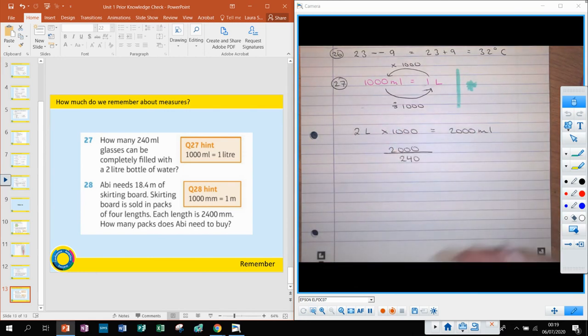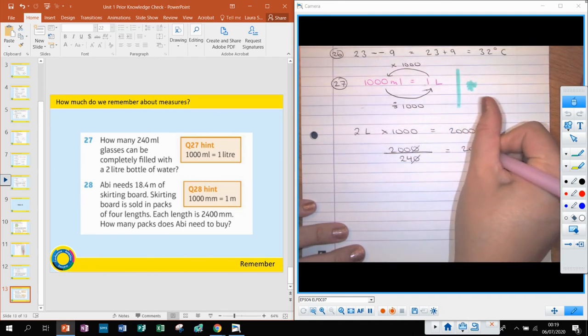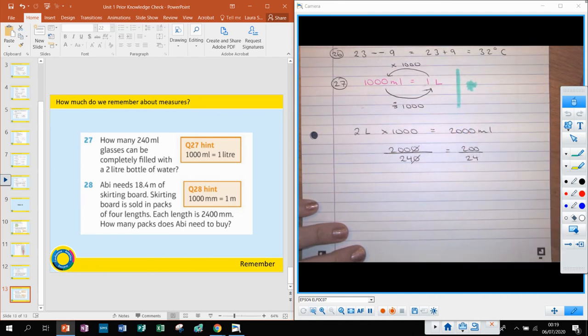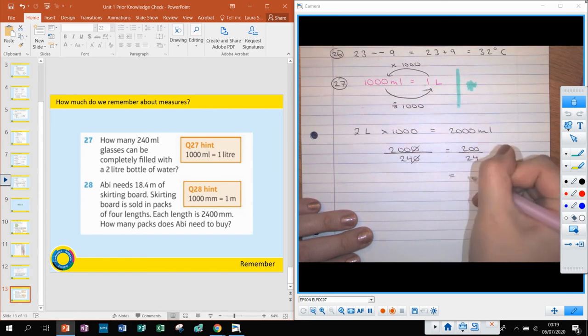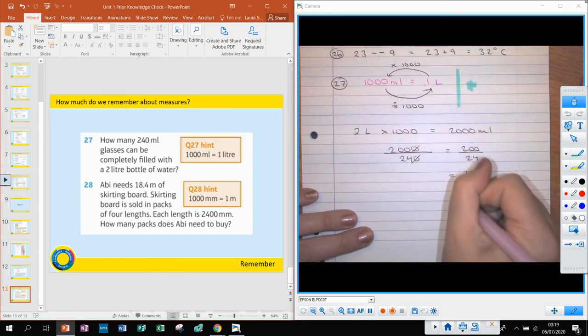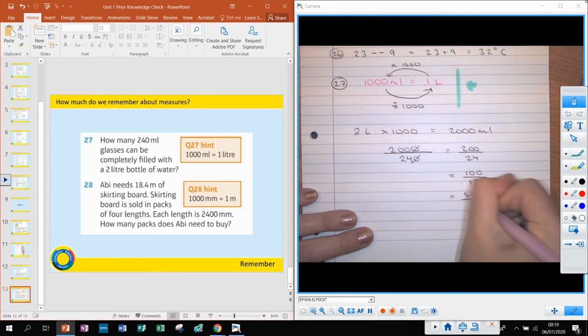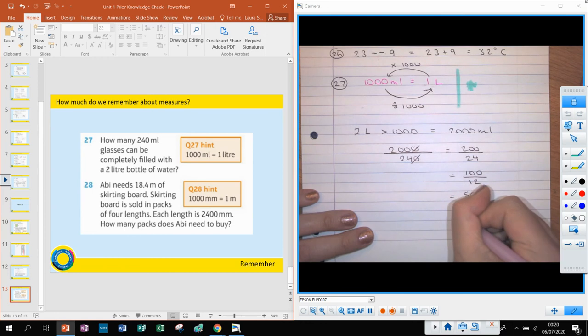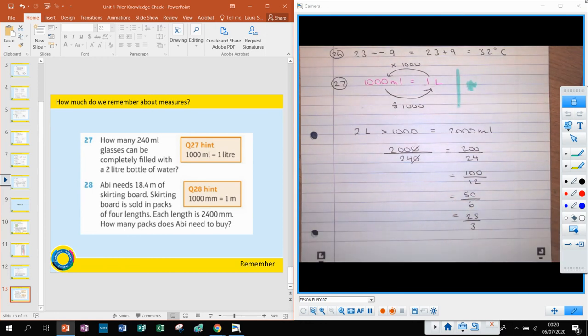Let's make this smaller so that we can understand it. First of all, they both divide by 10. So this is 200 divided by 24. Now they can both divide by 2, which is going to be 100 over 12. They still divide by 2. That's going to be 50 divided by 6. They still divide by 2. That's going to be 25 divided by 3.